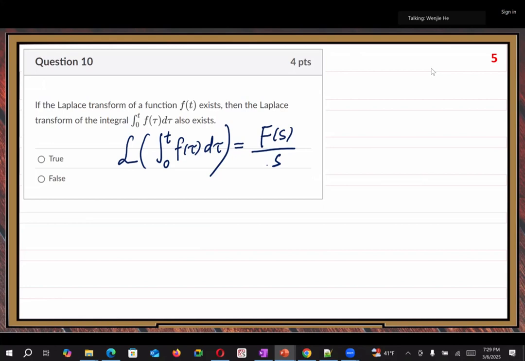The Laplace transform of the function little f of t, that means capital F of S, exists. Then the Laplace transform of the integral exists too, you just divide by S. So it's true.